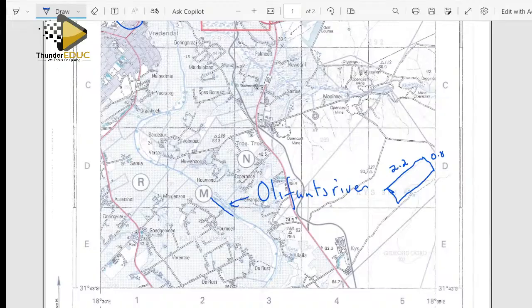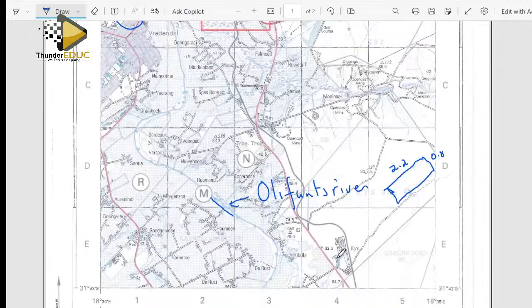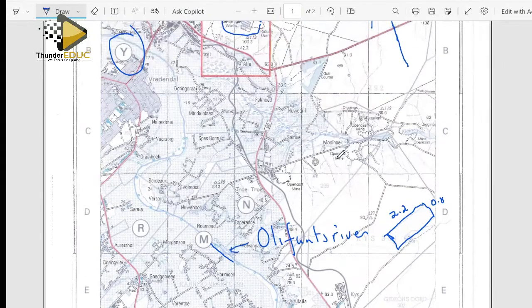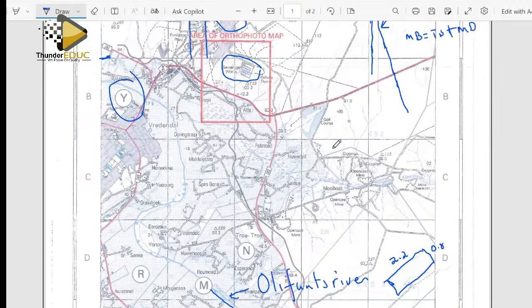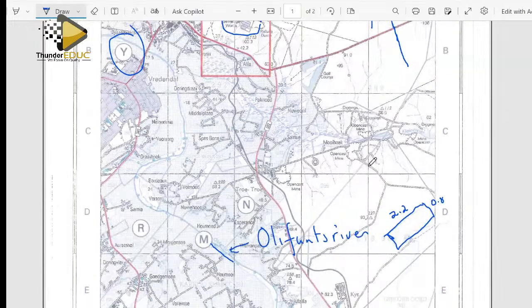And the next question is saying, why is the river at M called perennial? If we check the nature of our rivers on the map here, we have non-perennial and perennial rivers. Like the one which is here, compared to this one here.